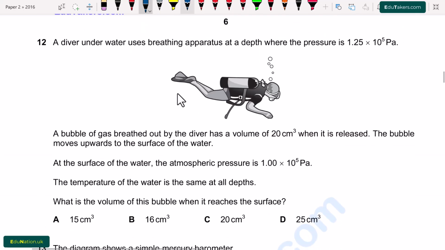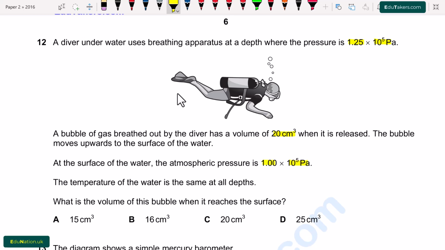Question number 12. A diver underwater uses breathing apparatus at the depth where the pressure is 1.25 into 10 to the power 5 Pascal. A bubble of a gas breathed out by the diver has a volume of 20 cubic centimeter when it is released. The bubble moves upward to the surface of the water. At the surface of the water, the atmospheric pressure is 1.00 into 10 to the power 5 Pascal.